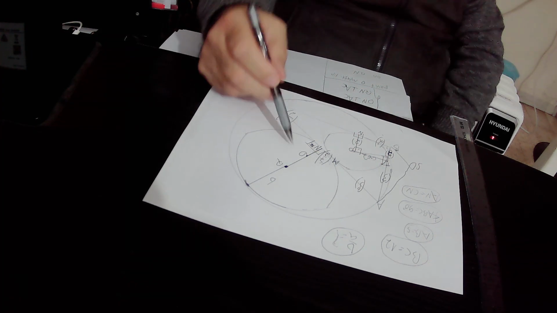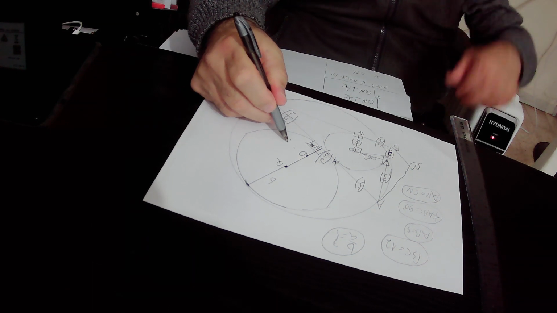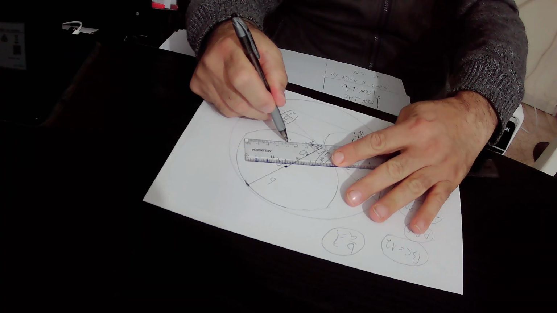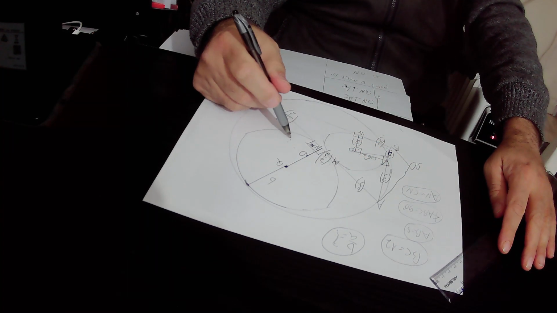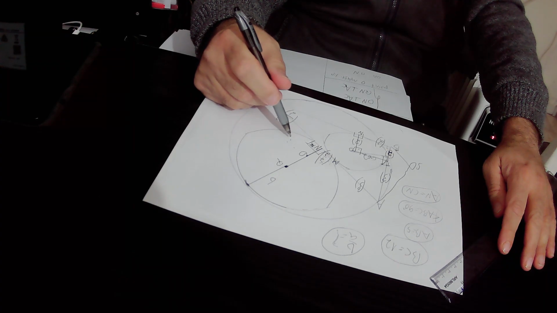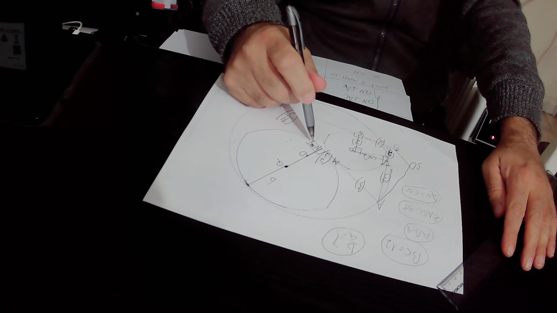Again, if point O is there, we'll join points O and N together by a straight line. The angle created between ON and AC will never be equal to 90 degrees.